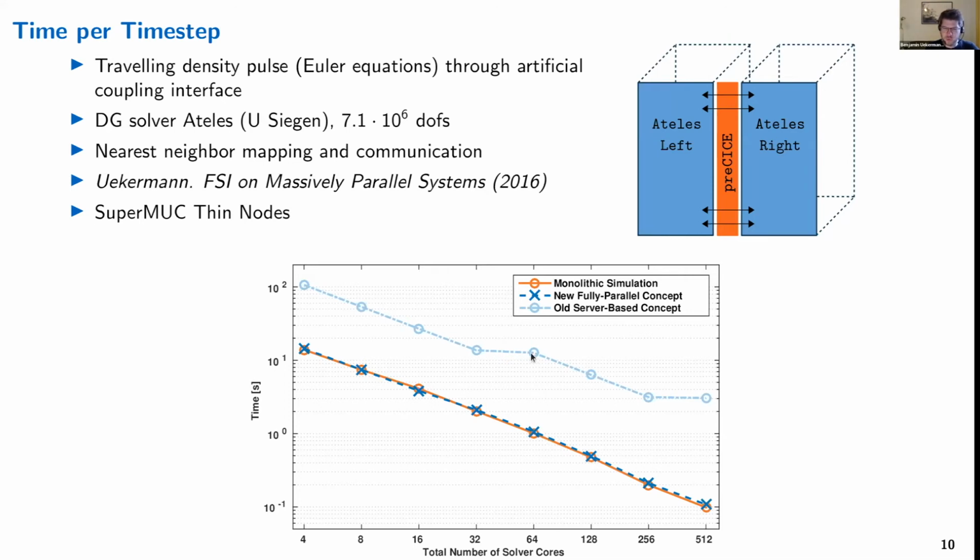And in the light blue, there's an older concept that we had in preCICE based on a server-based parallelization concept. And we do a strong scaling here. And you see, it nicely scales. And there's no visible overhead here between the monolithic run and the coupled run, whereas the old concept here was really not suitable for such parallel runs.